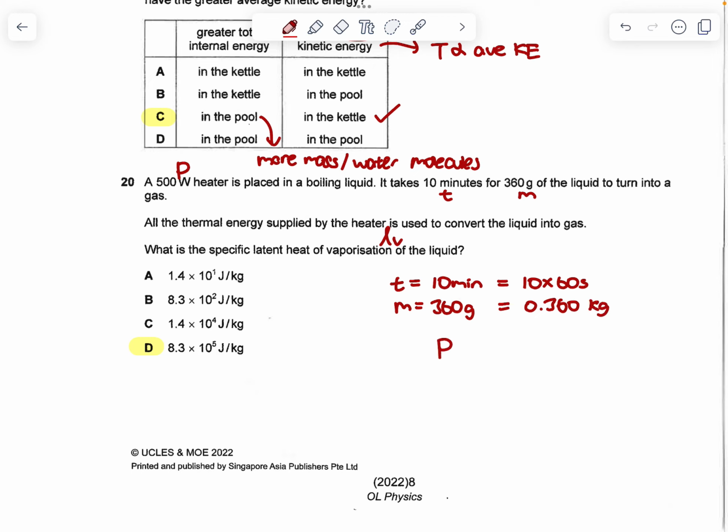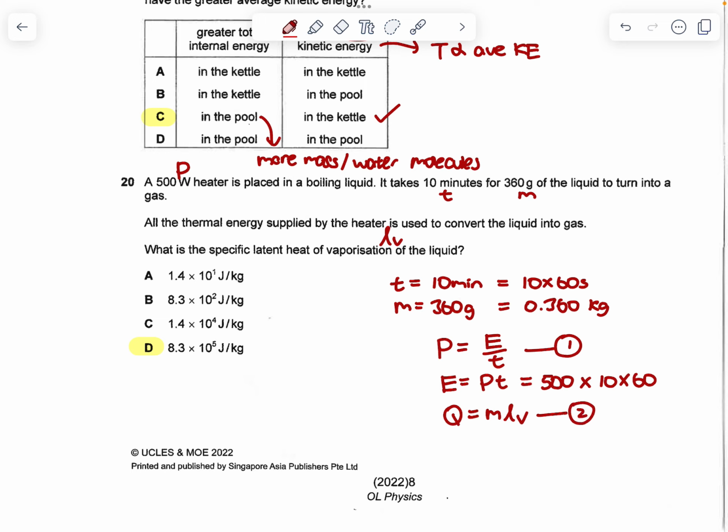First equation, P equals E over t, energy over time. We can rewrite as energy equals Pt, which is equal to 500 watts times 10 times 60. The second equation that we're going to use, Q equals mLV, vaporization.